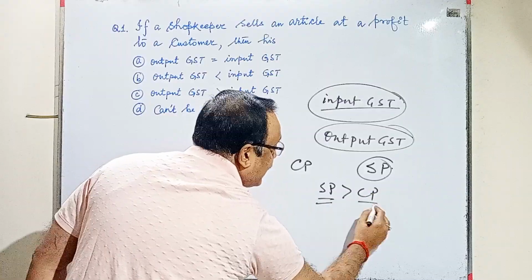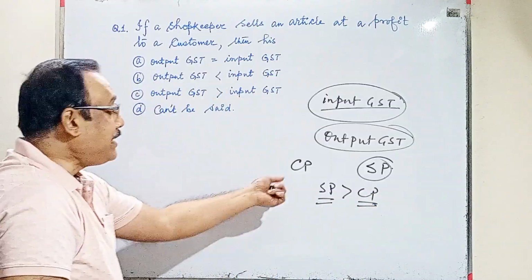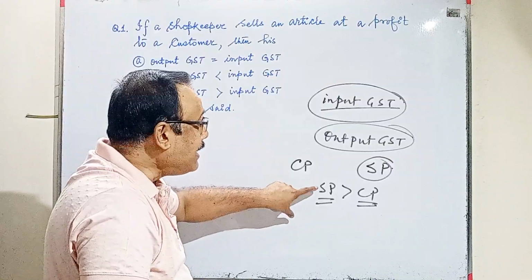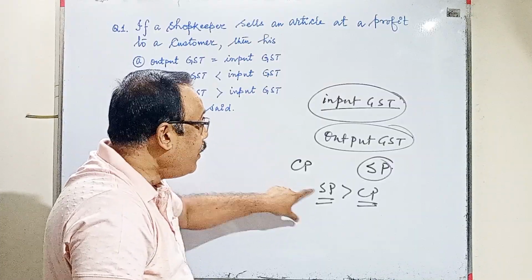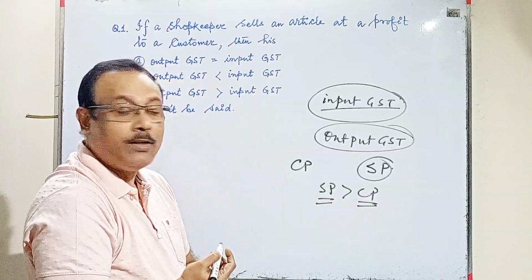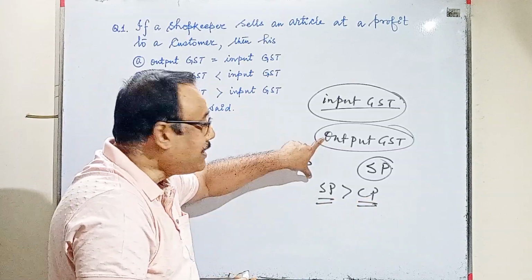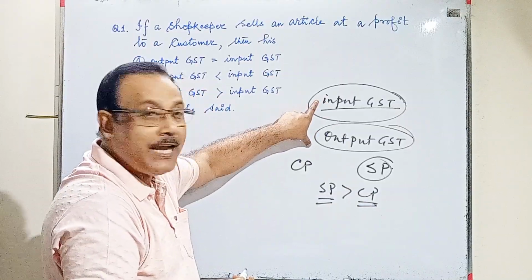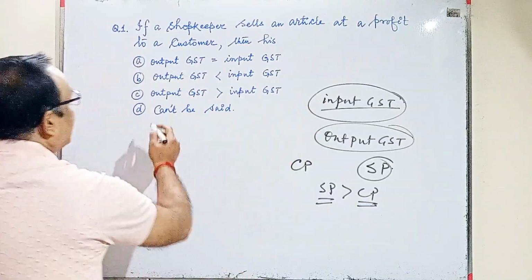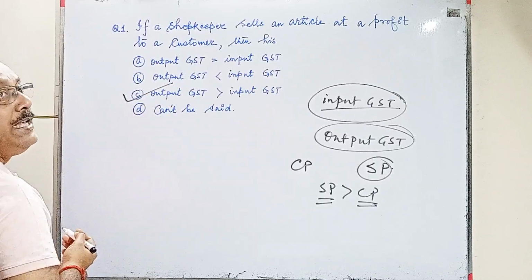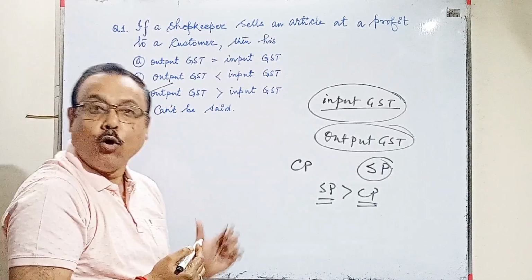If the selling price is more than the cost price, then the GST charged on SP will naturally be greater than the GST charged on the cost price. GST charged on the selling price means output GST, and GST charged on the cost price is input GST. So output GST will be greater than input GST. So C is the option. Hope you have understood.